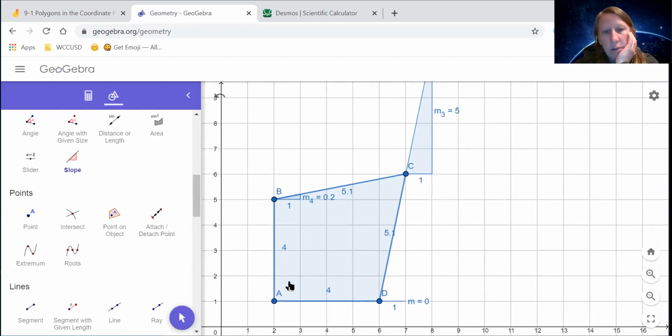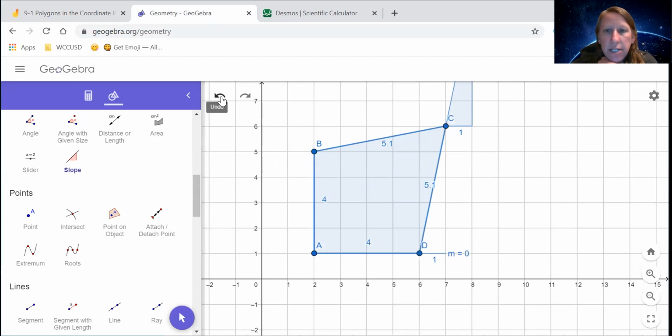Okay, these are right angles, but that's not necessarily important. So it looks like a kite to me because the adjacent sides are congruent. Okay, none of these are parallel. These definitely form a right angle, so maybe it's a right kite. I don't know if that's actually a thing.